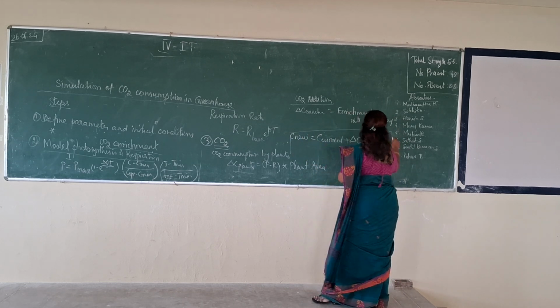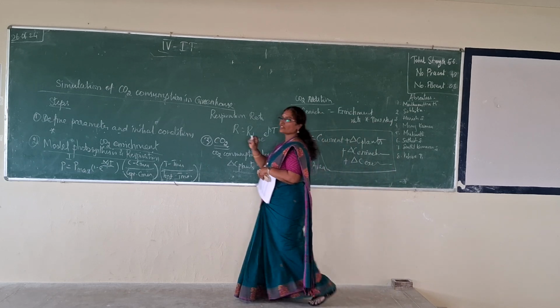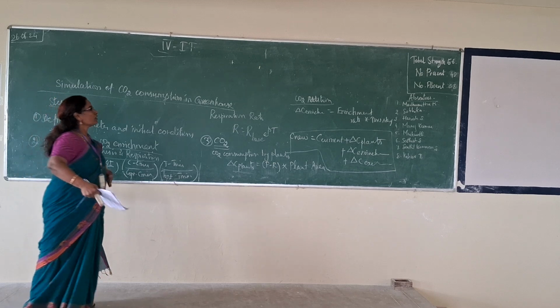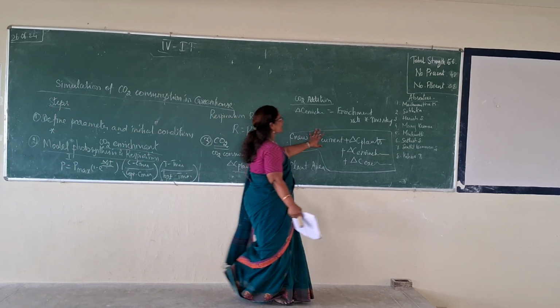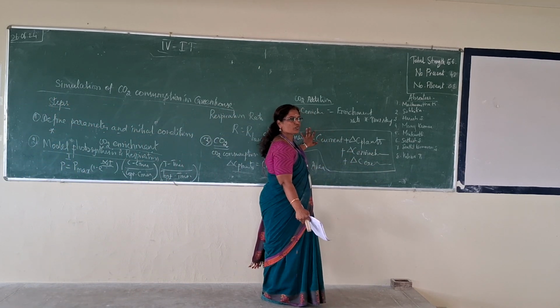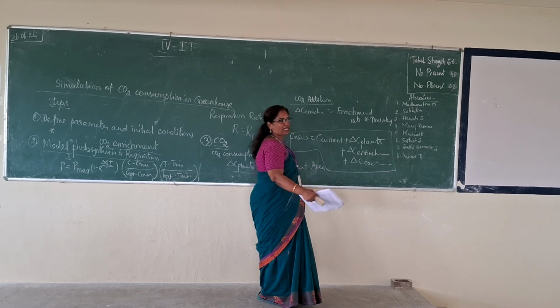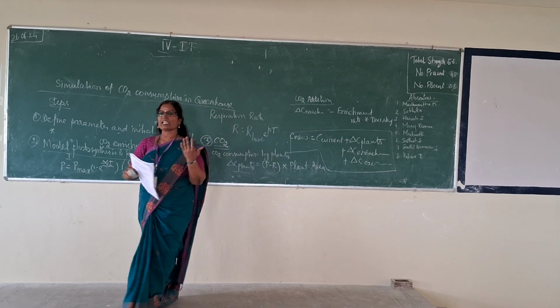This is the simulation of CO2. That is, when you are generating new CO2 for the greenhouse, all these things will be considered, and that is what is considered as the generated CO2 for the greenhouse. So these things will be done iteratively.